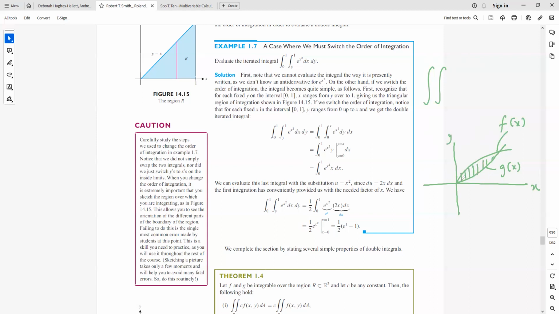Now, to find the limits, it's not as easy as in the case of the single variable, where we were just interested in finding the area bounded between the x-axis and the function. So it is easier in that case to just integrate the function over these limits.